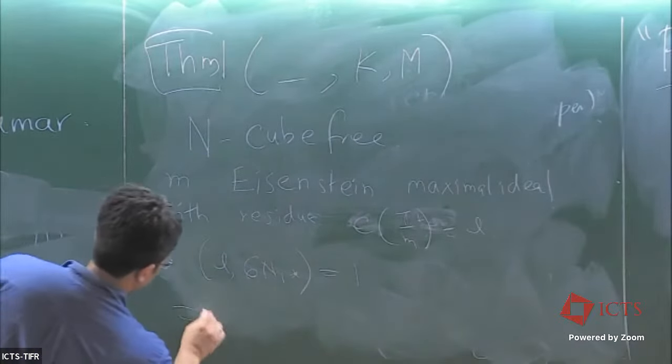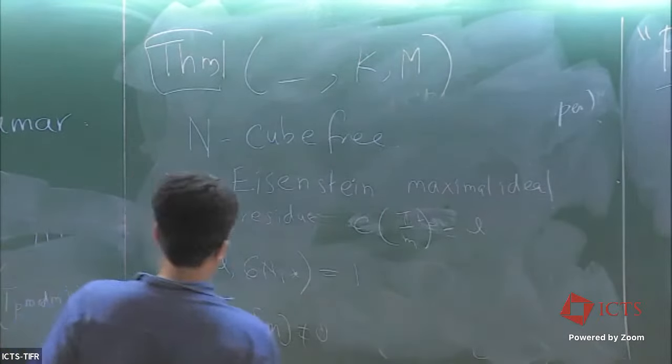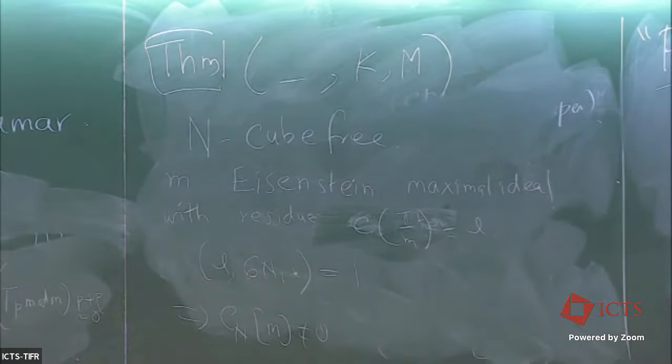Then Cn of M is non-zero, and we can pinpoint what are those N's for which this is non-zero. So that is our theorem. So I'll just proceed to a proof of this theorem.